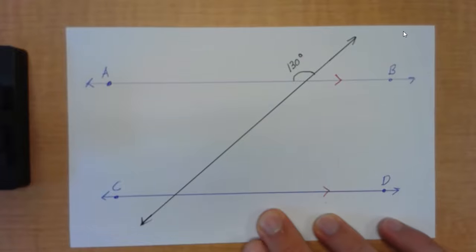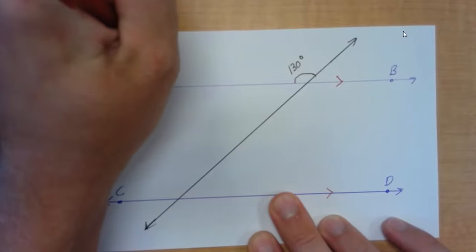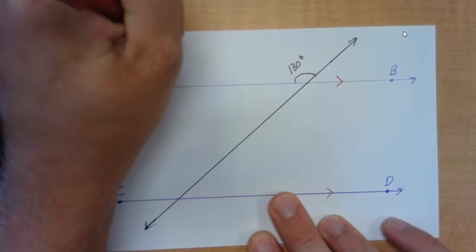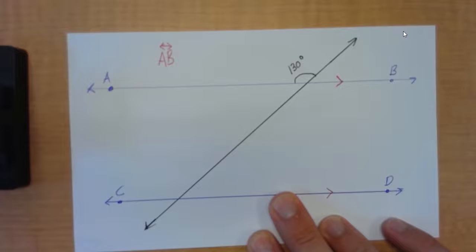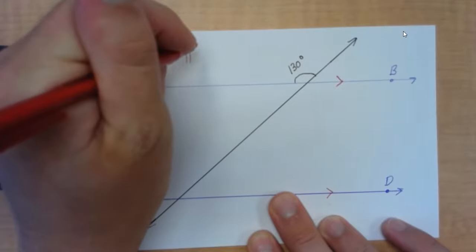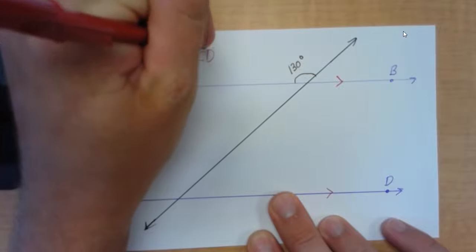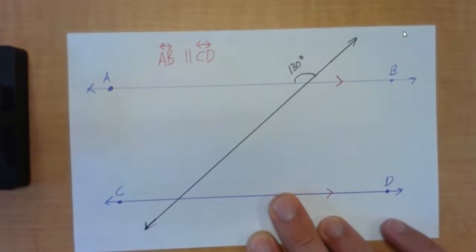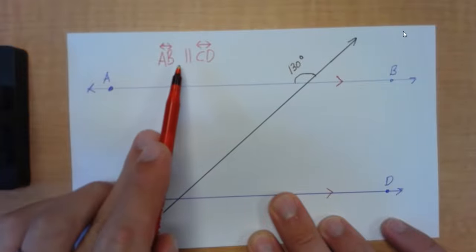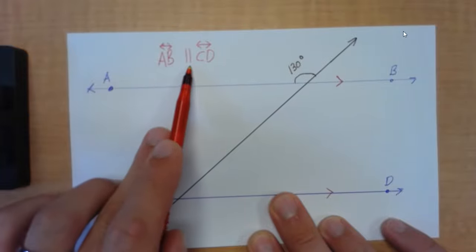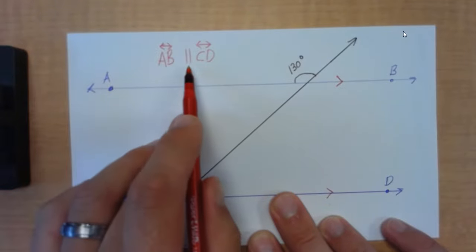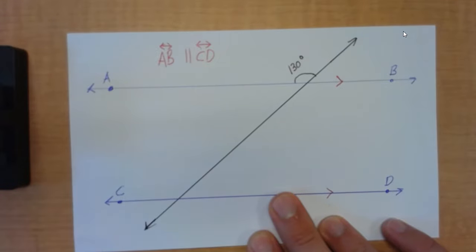So that's line AB is parallel to line CD. These two vertical lines just mean parallel. So that's a symbol that means parallel. And these are symbols that mark a drawing to show that two lines are parallel.